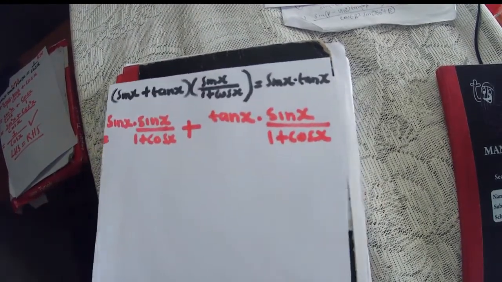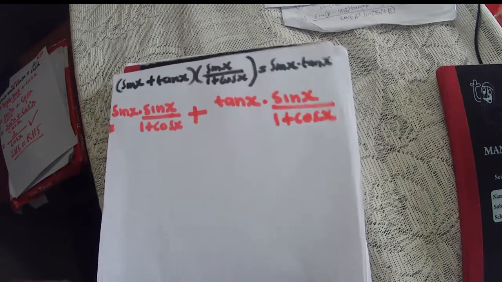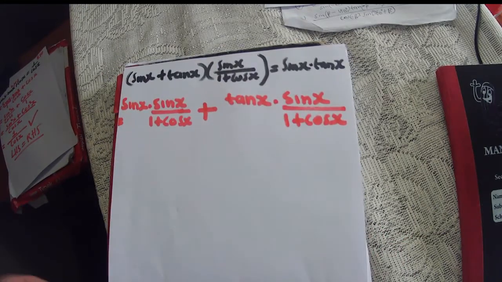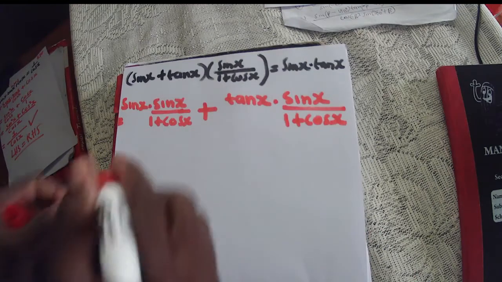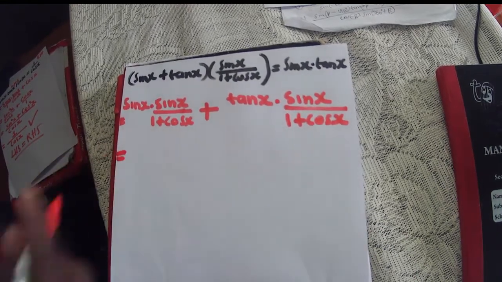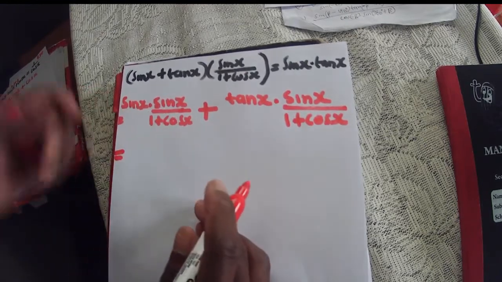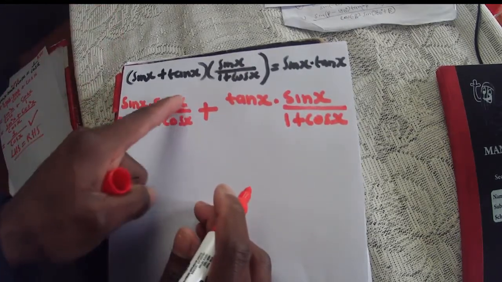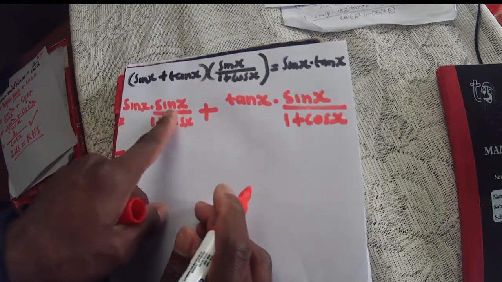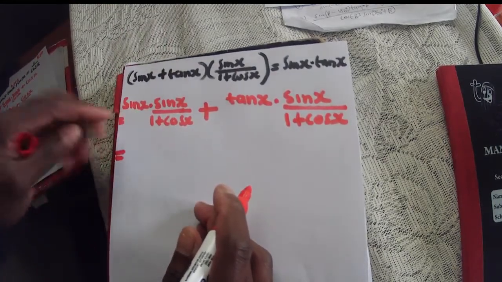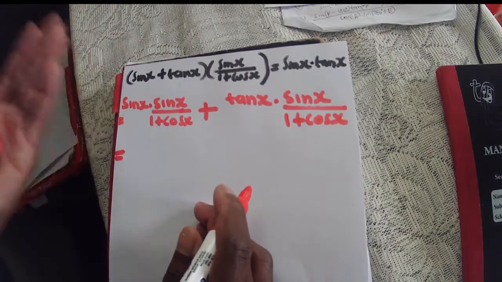Please, this can be a bit confusing, but I want you guys to follow and be careful with whatever I'm going to do here. From the previous question, remember when I had a fraction here, I make what I'm multiplying with a fraction as well.